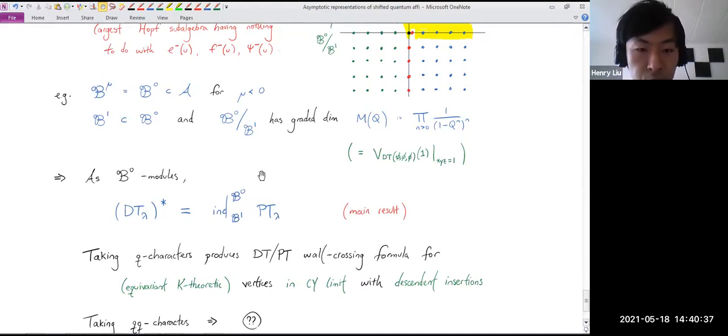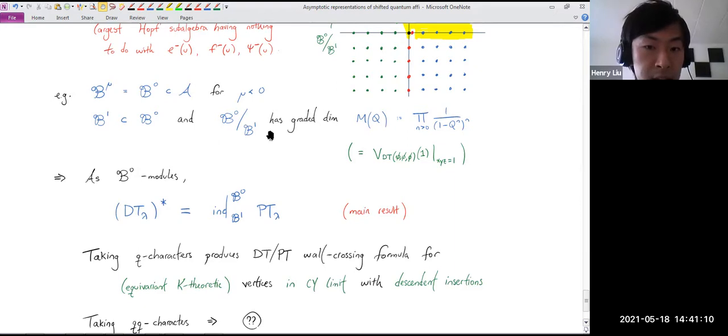So now you truly have two modules for the same algebra, namely B naught. And one is a lowest weight module, one is a highest weight module, and their weights are dual. And so now you can truly say that as B naught modules, DT lambda dual is the induced PT module. Okay. So that's our main result. That's the representation theoretic comparison of these DT and PT modules.